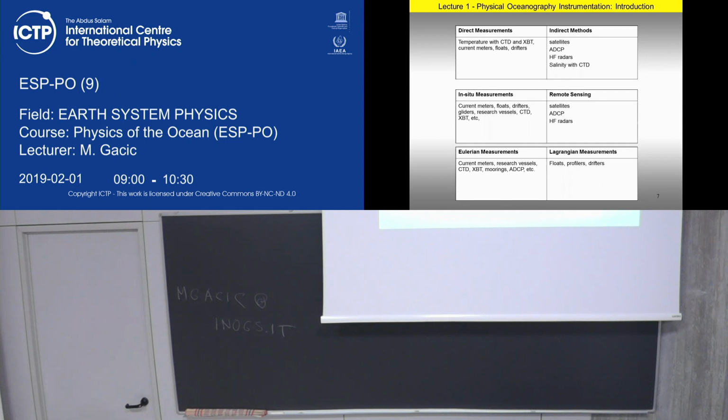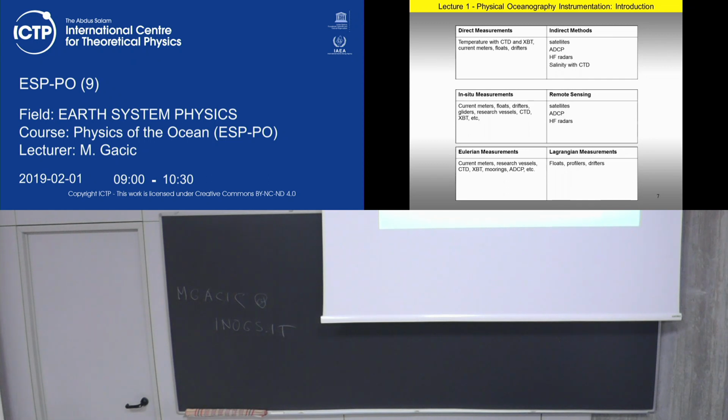And then we have two types of current measurements. One is Lagrangian, and the other one is Eulerian measurement. Eulerian measurements are done by current meters, research vessels, CTD, XBT, moorings, and ADCP. That means we are measuring at a fixed point, like doing the measurements of the wind.